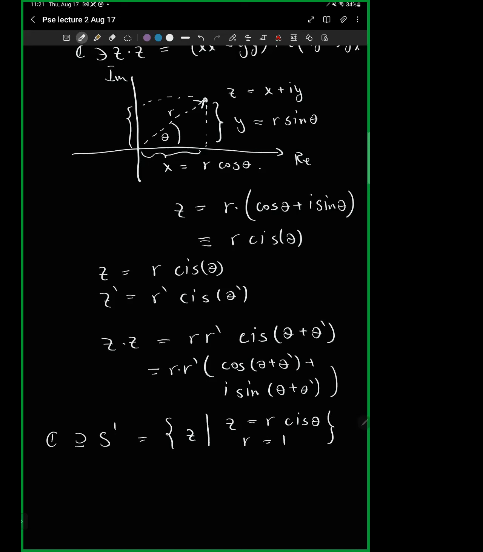Usually, if z is r kis theta, we denote by absolute value of z the real number r. So I could say simply the circle is the set of all z such that the absolute value of z is 1.